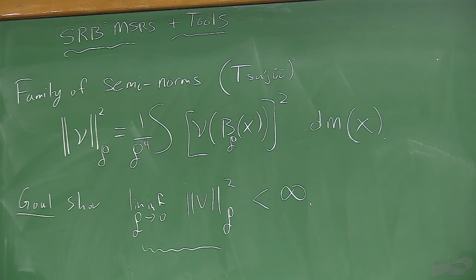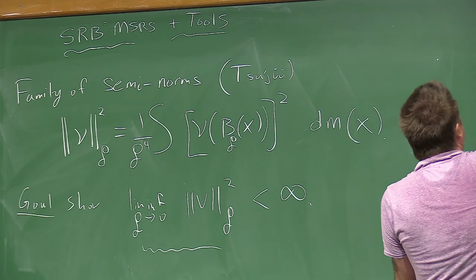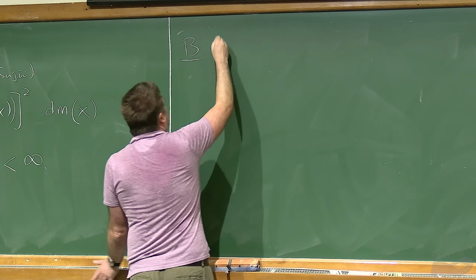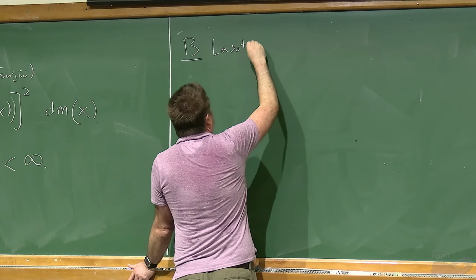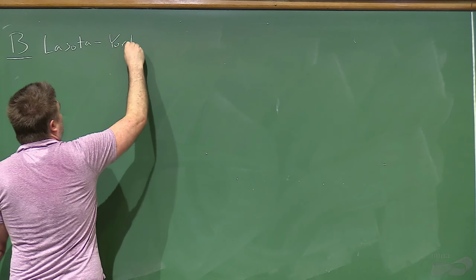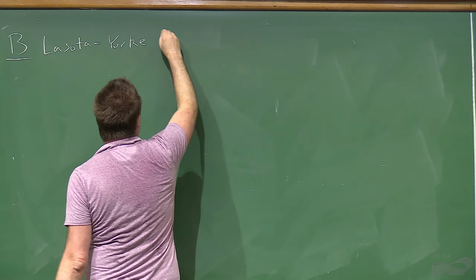So there's another tool which has lots of names. I think in dynamics it's mostly called Lasota-Yorke, so I'll call it Lasota-Yorke. The first tool was this energy function, and the second is the Lasota-Yorke inequality.